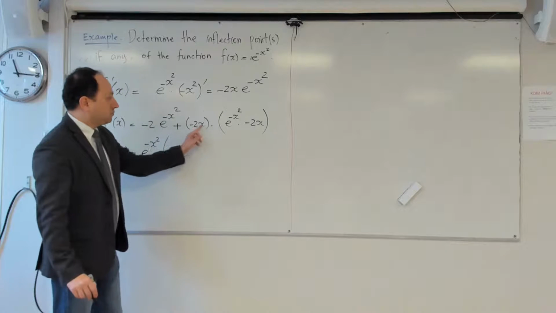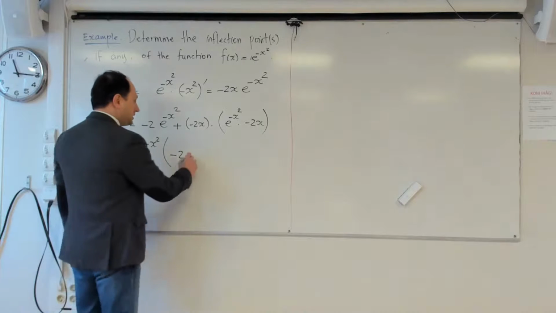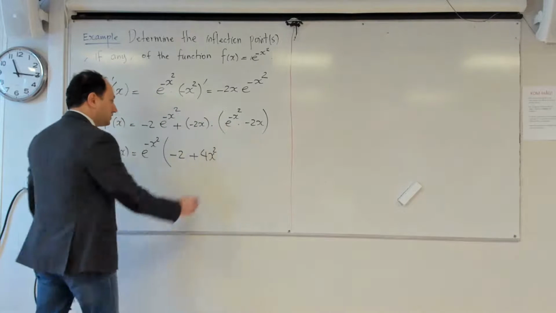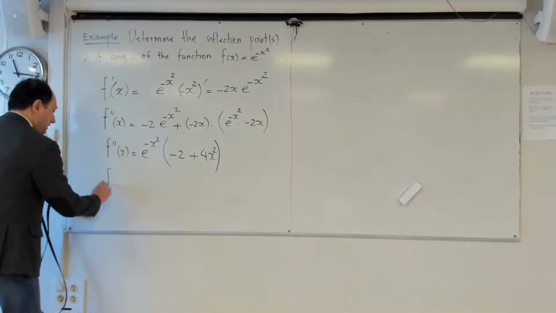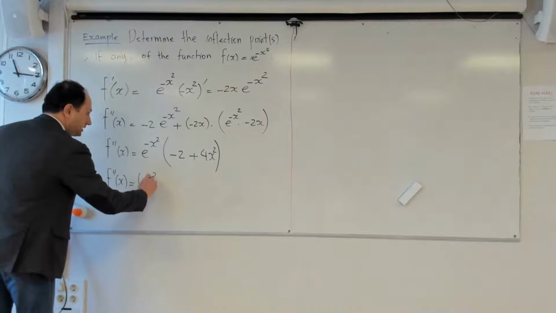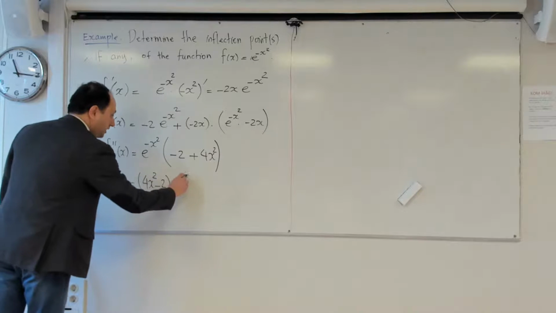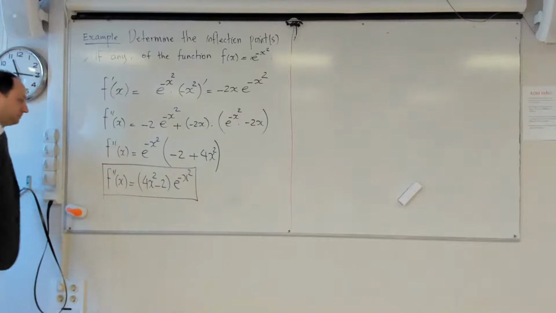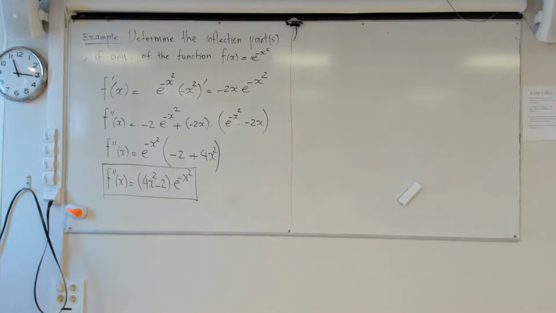Minus 2x multiplied by minus 2x is positive 4x squared. So let me put it in a compact form: 4x squared minus 2 times e to power minus x squared. So this is the second derivative.